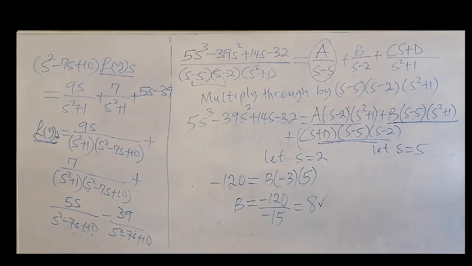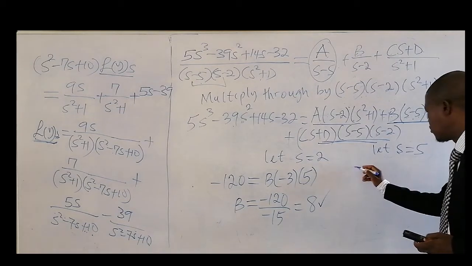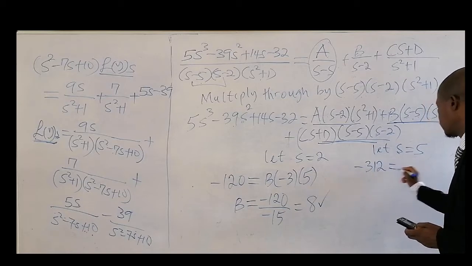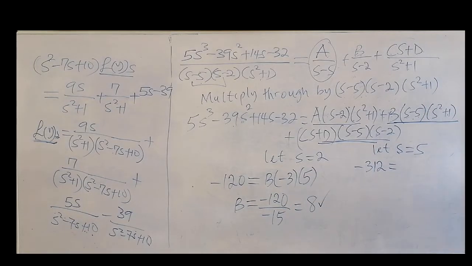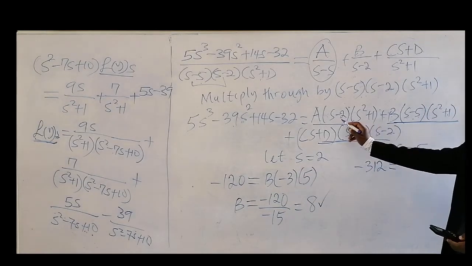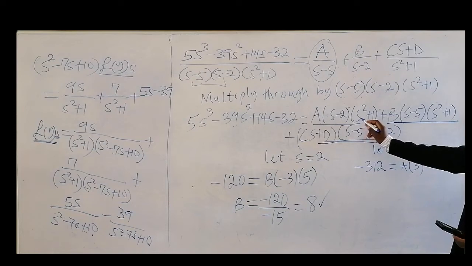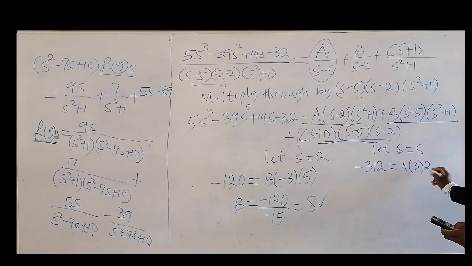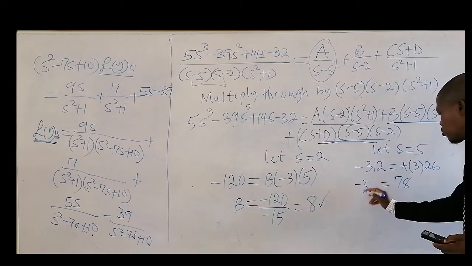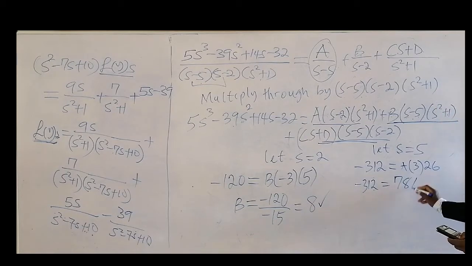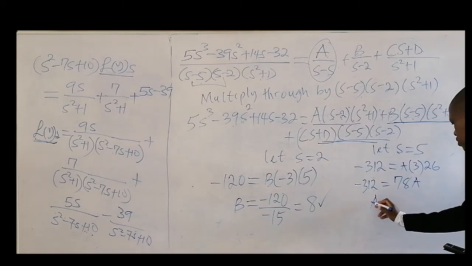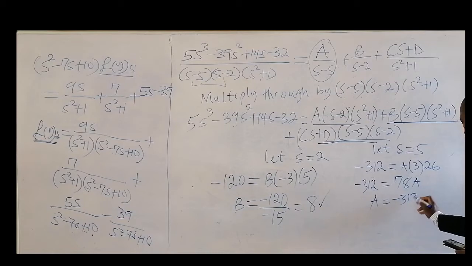For the left side, we have minus 312 equal to, here, that'll be A, 5 minus 2, that's 3, and here, 5 squared plus 1, that's 26. Minus 312 equal to 78A, so A is what? Minus 312 over 78, which is minus 4.